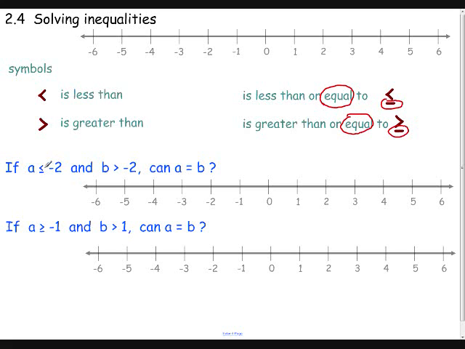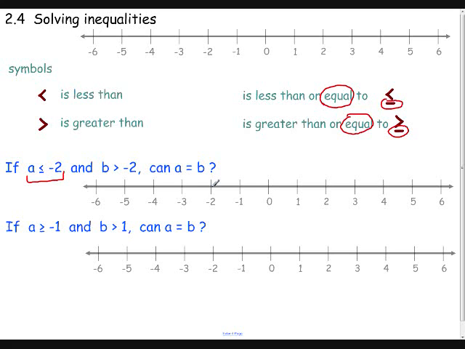If A is less than or equal to -2, let's plot where that would be. Where would our A be? A is less than or equal to -2. So we first of all have to find that boundary of -2, and we'll plot that.